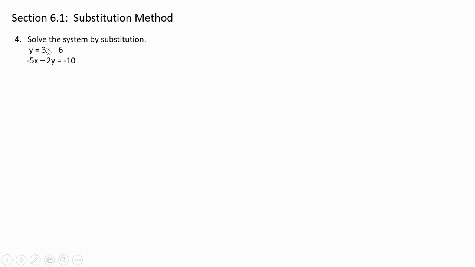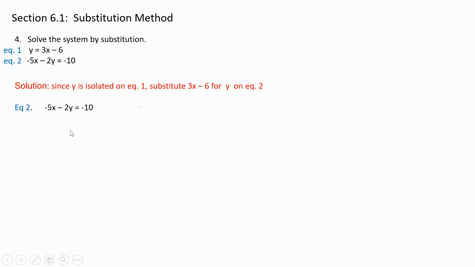In the substitution method, the objective is to have one of the variables isolated. Since y is already isolated in equation 1, I'm going to plug 3x minus 6 into equation 2 for the y value. So substitute 3x minus 6 for y.